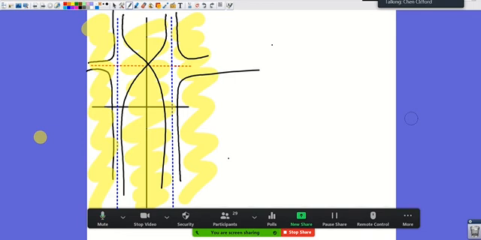I don't know if you remember, but I told you when I was teaching you HAs that for VAs, nothing can ever cross VAs. But with HAs, as long as at least one piece obeys the HA, it works.